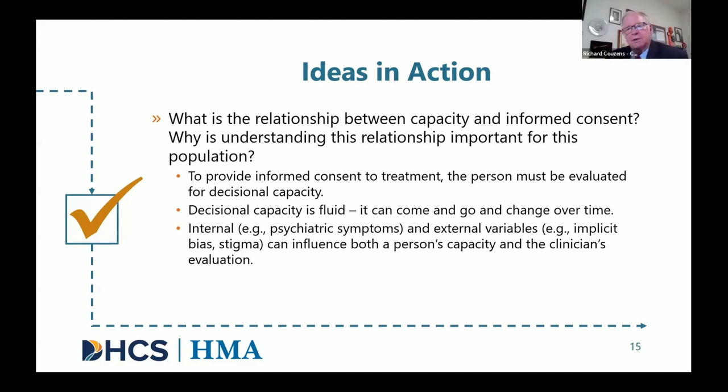I might say that there's a foundational relationship between these two concepts. And I think if you look at it that way, it may be easier to understand. Because everybody is presumed to have capacity, we have to at times assess whether they can give informed consent. That capacity is critical to the ability to give informed consent.